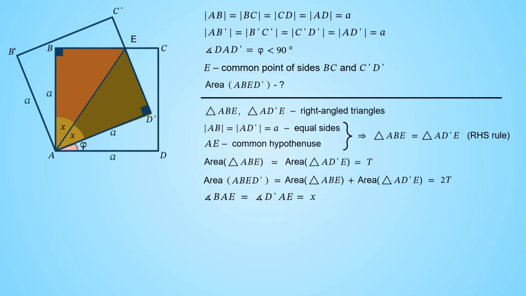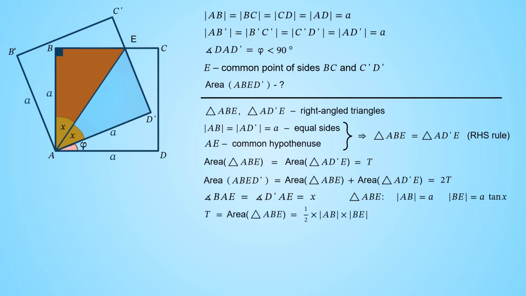To find the value of T, take triangle ABE. One side of the triangle, side AB, equals A. Another side of the triangle, side BE, equals A times tangent of x. Now we can find T as the area of triangle ABE.